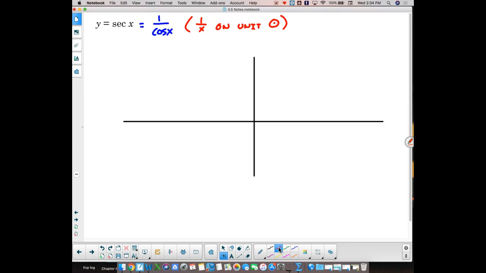Let's start at 0. Actually, let's put our scale in here. We want to go from negative 2 pi to positive 2 pi. Scientifical measuring going on here. Hook 'em horns.